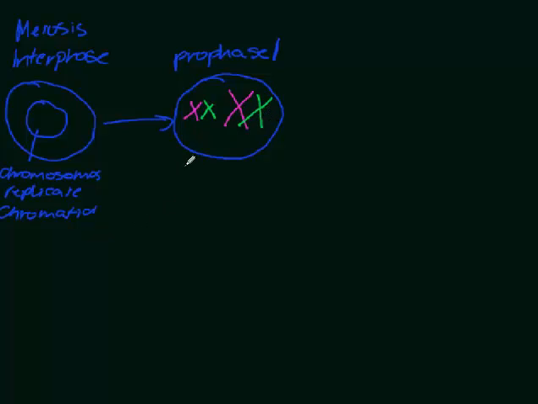Now what crossing over is, and we'll write that down there, crossing over, or chiasma, is we see some genetic material from one of the arms of the paternal chromosome crossing over with one of the arms of the maternal chromosome.